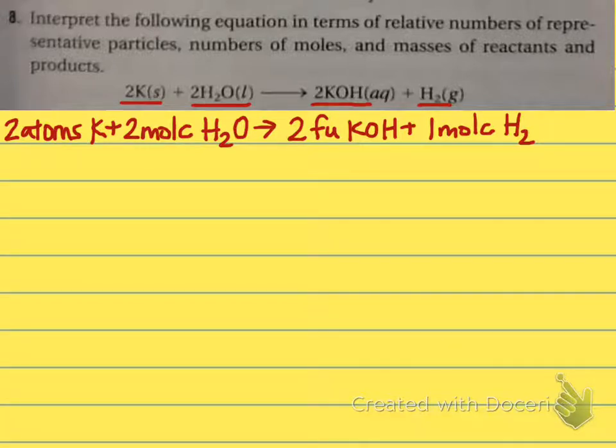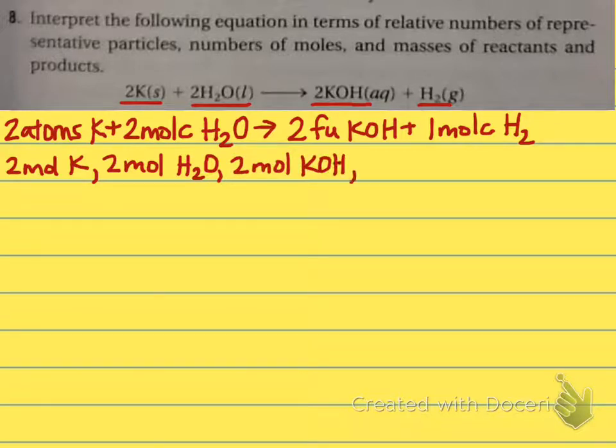Moles, again, my coefficients. So I have 2 moles of potassium, 2 moles of water, 2 moles of potassium hydroxide, and 1 mole of hydrogen, because those are the coefficients in the balanced chemical equation.